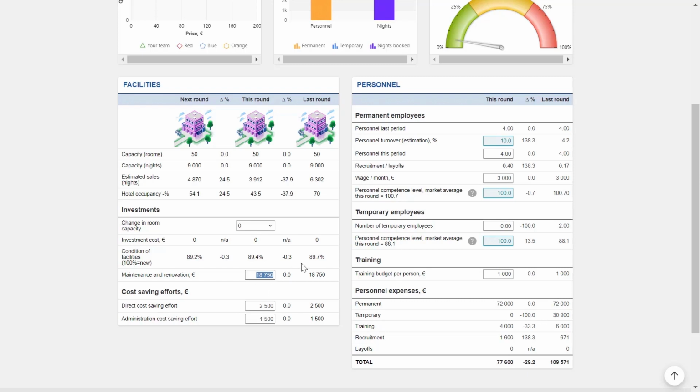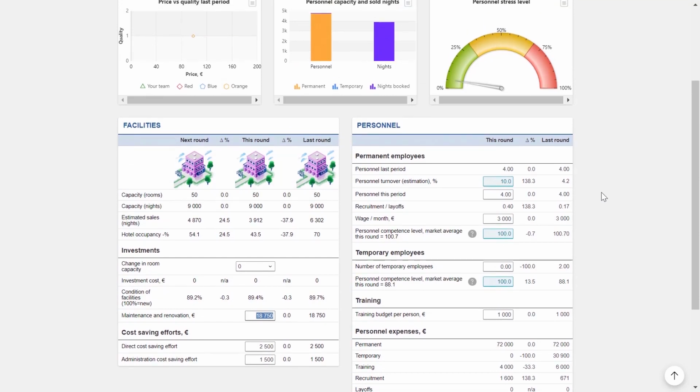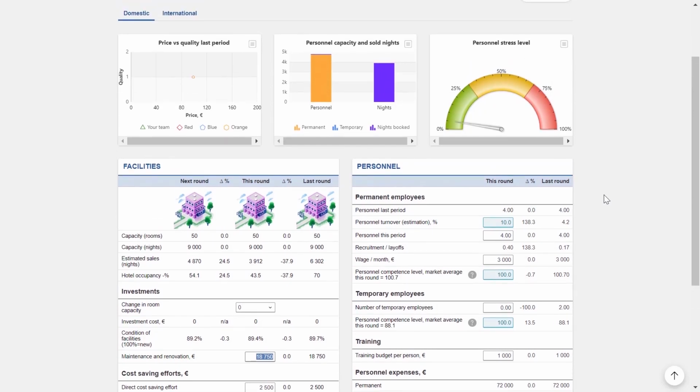Now the right hand side of this page is about staffing and personnel, and this is a very, very important part of the overall decision making process, because in this kind of seasonal environment you have high seasons and low seasons, and you need to be able to manage your employees in such a way that you are able to keep the profitability at a satisfactory level.